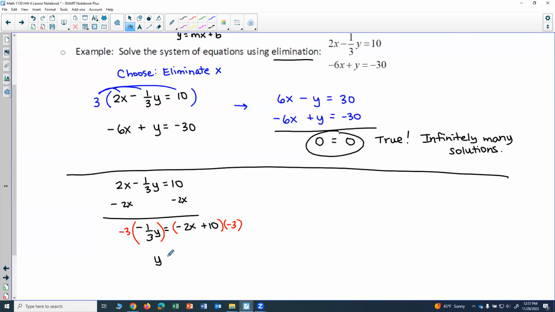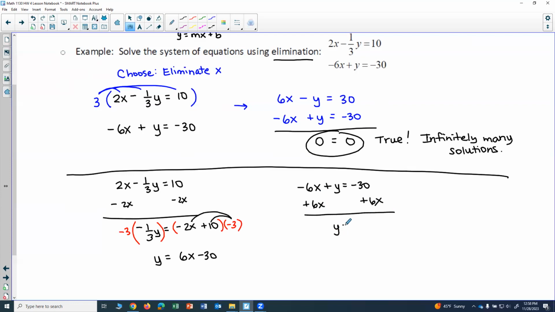So I get y equals 6x minus 30, because that -3 gets distributed there. Now let me take the other equation, negative 6x plus y equals -30. All I have to do there is add 6x to both sides.